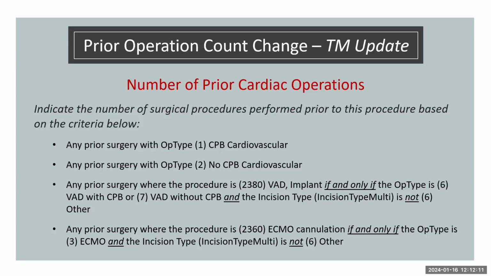And then now the two new inclusions: any prior surgery where the procedure is 2380 VAD implant, if and only if the op type is 6, VAD with CPB, or 7, VAD without CPB, and the incision type is not number 6, other. The same goes with ECMO: any prior surgery with a procedure 2360 ECMO cannulation, if and only if the op type is number 3, ECMO, and the incision type is not other. Next slide.